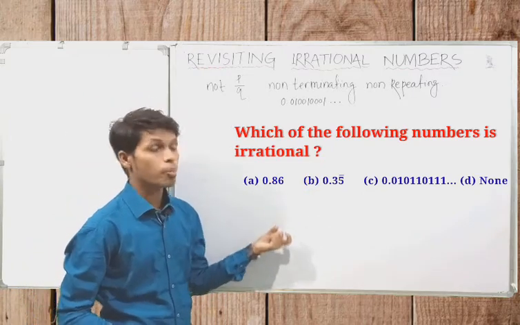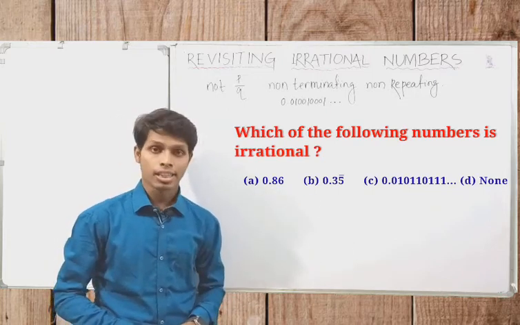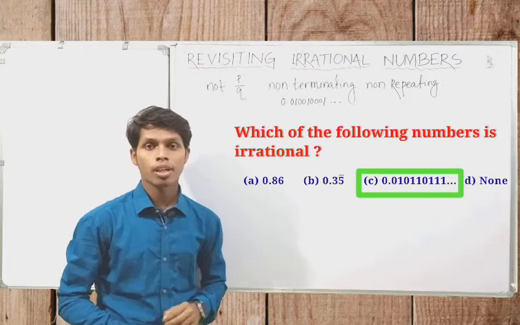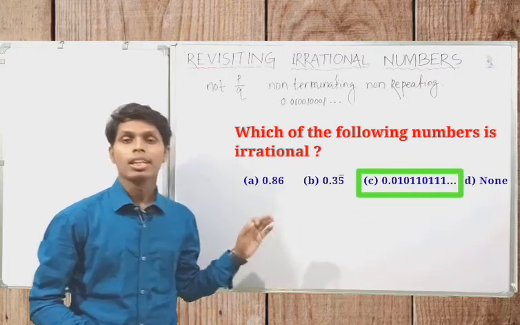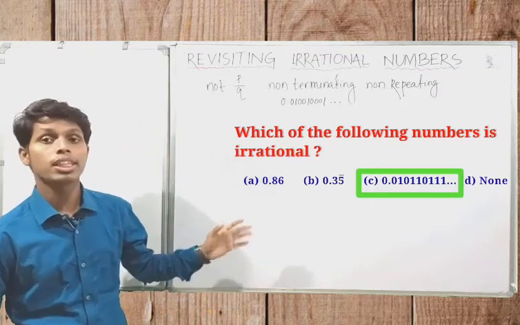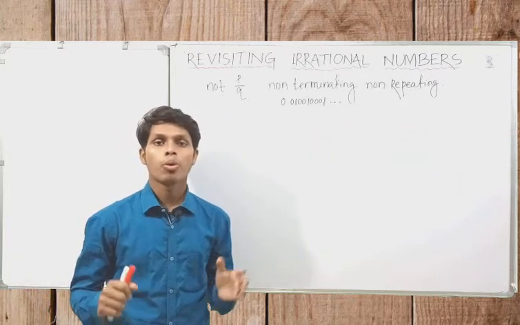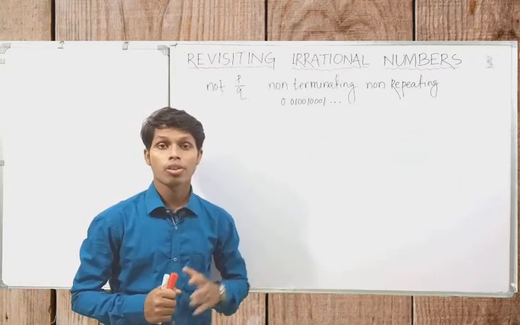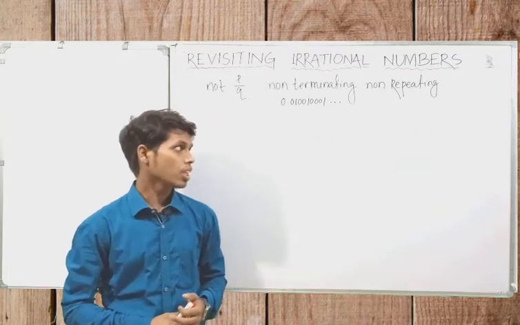So this is a non-terminating, non-repeating decimal number, so that is an irrational number that cannot be turned into P by Q form. So our answer is option C, which is an irrational number. Okay, hope you would have refreshed your memory about the definitions and identification of irrational numbers.